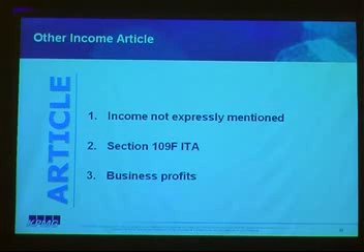But that's what happened. Okay, the final point that I will go through in the last couple of minutes is the other income. Now, a number of treaties have something in them called the other income article. This article essentially says that items of income not expressly mentioned in the treaty are subject to tax only in the recipient's country of residence.